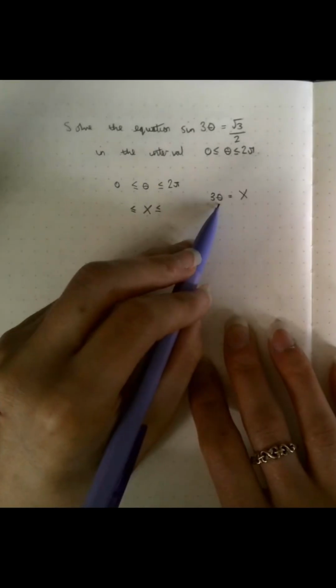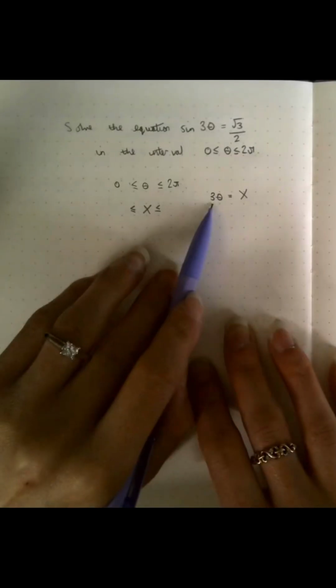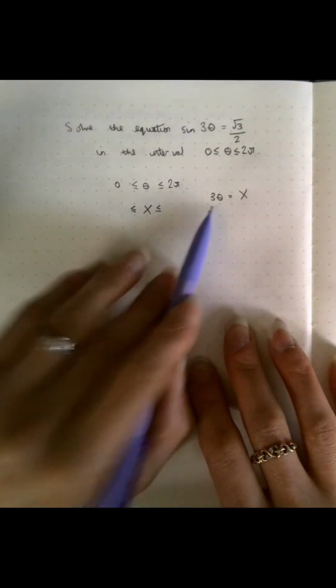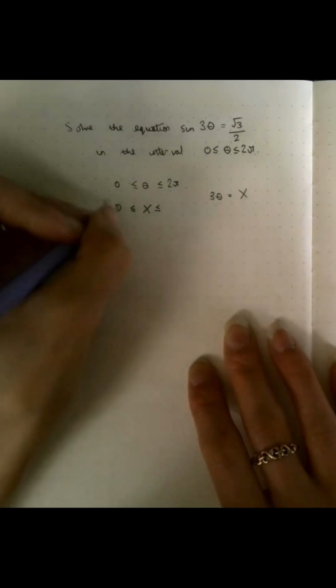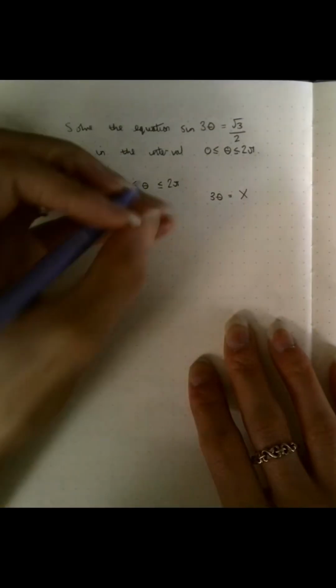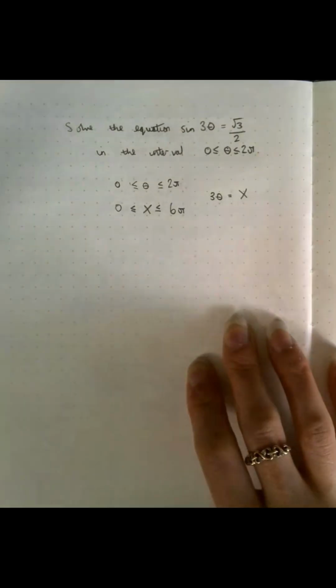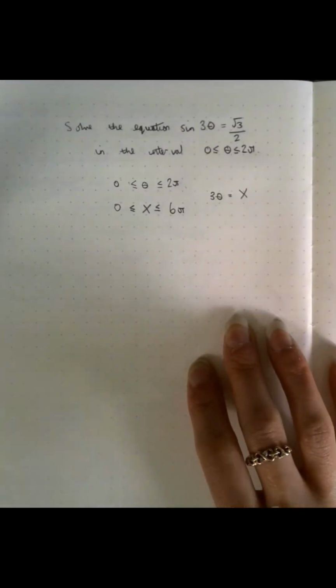So I need to multiply these values by 3, because it's 3 theta. 0 times 3 will still be 0, and 2 pi times 3 will be 6 pi. So the range in which I'm going to look for my values is now 6 pi, and we'll talk about why that's the case in a moment.